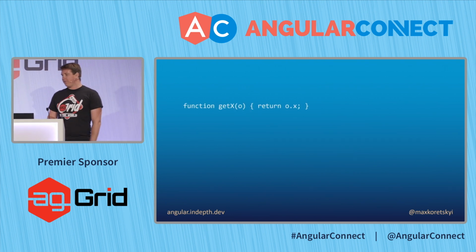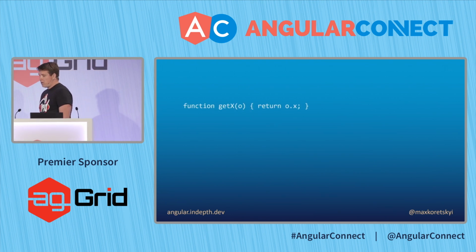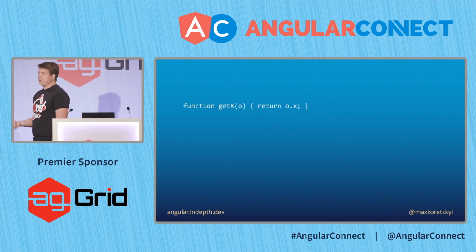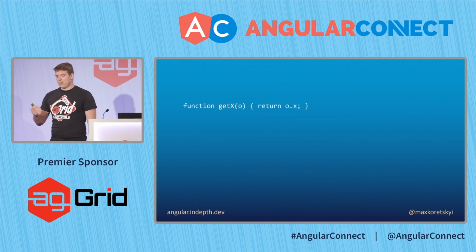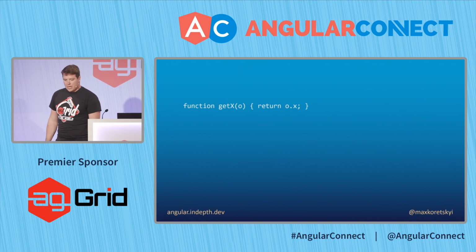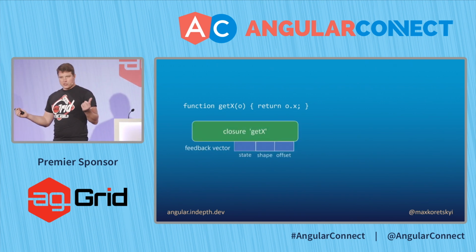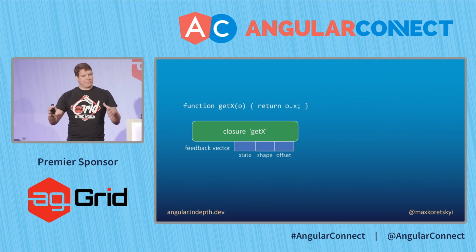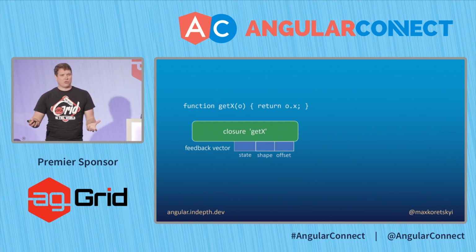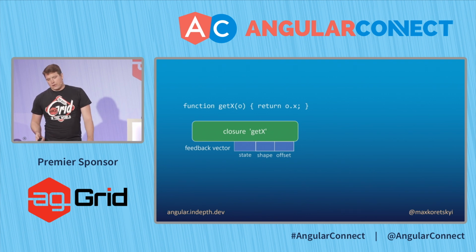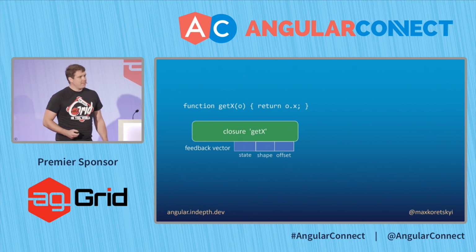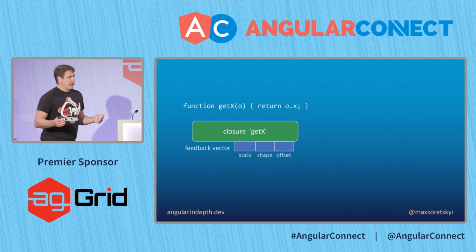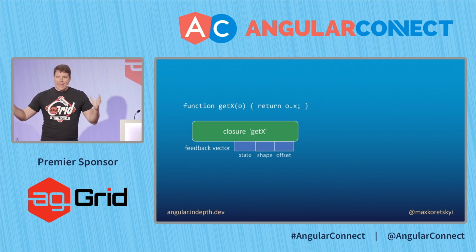So here we have this function, getX, that returns just a property. Somewhere inside the virtual machine, particularly inside VM, every function is represented as a closure object. So closure getX. And every function has a cache.